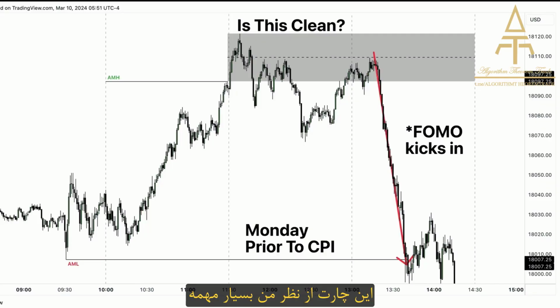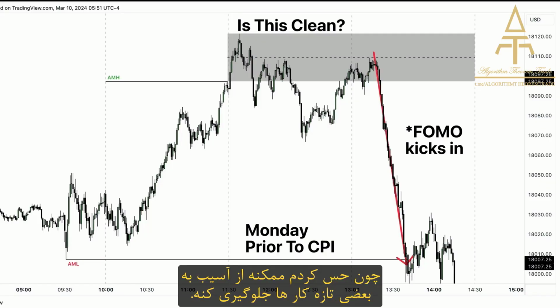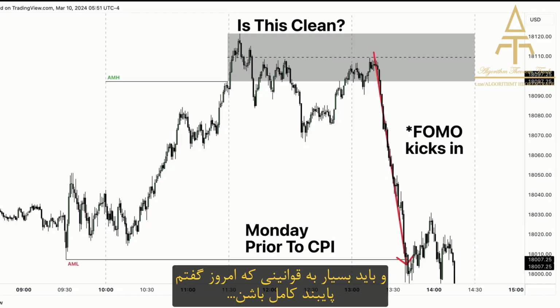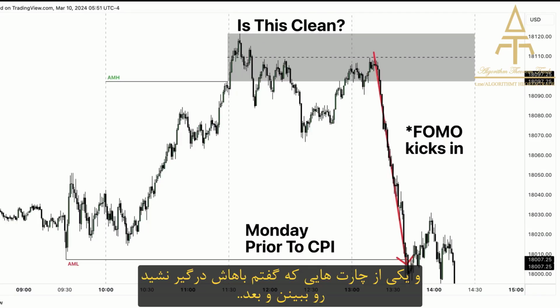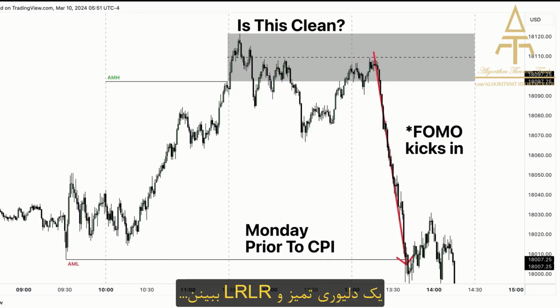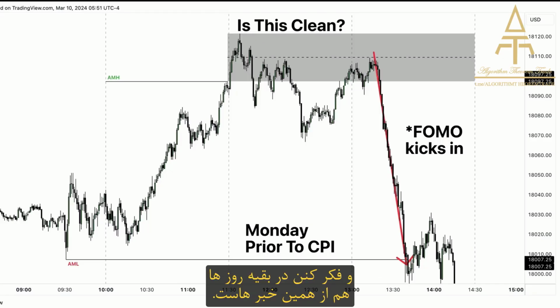So this was a very important chart for me to share, in my opinion, because I feel like this is something that could potentially harm someone that's completely new. They might listen to the rules that I'm providing here within this lecture, and they might look at the chart still one day on one of those days that I told you to avoid, and they see the clean delivery, or they see a low resistance liquidity run, and then they think that that is representative for all of those days.